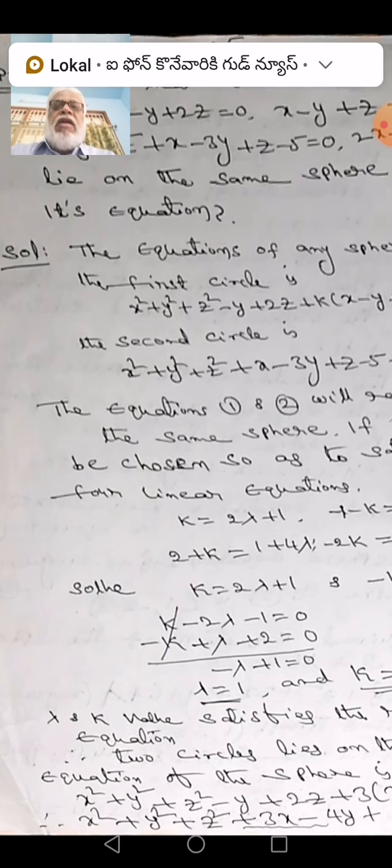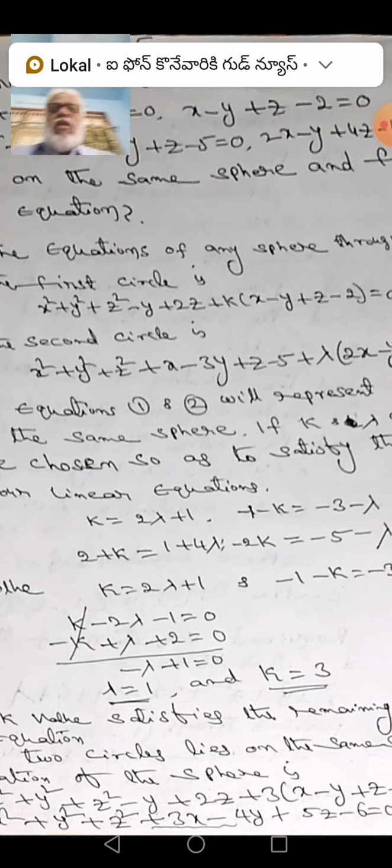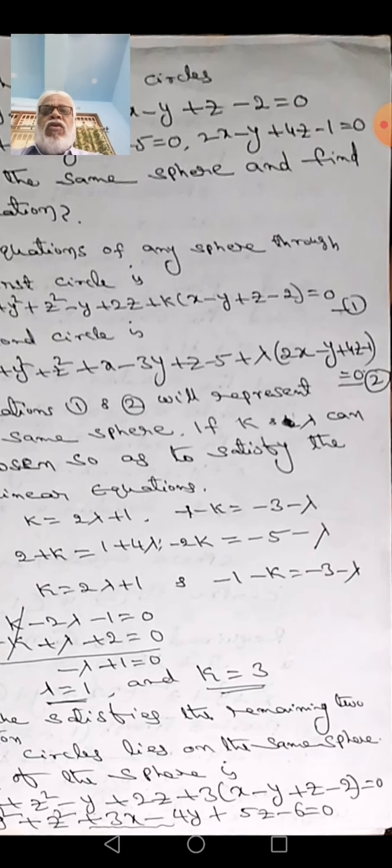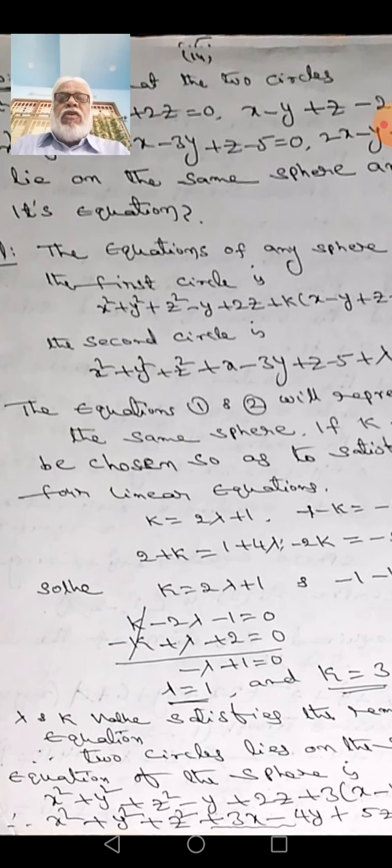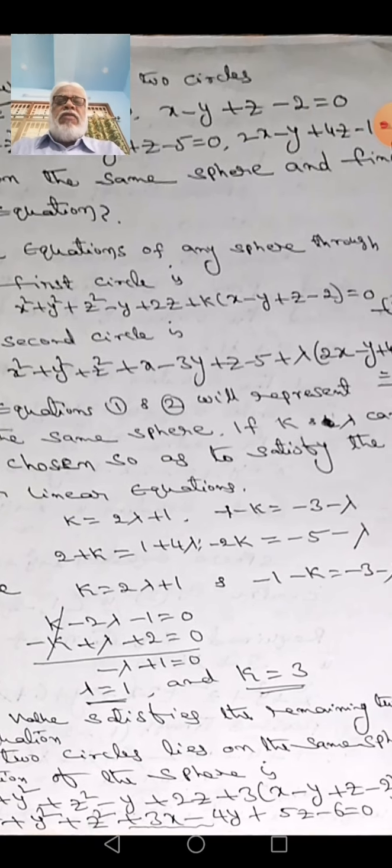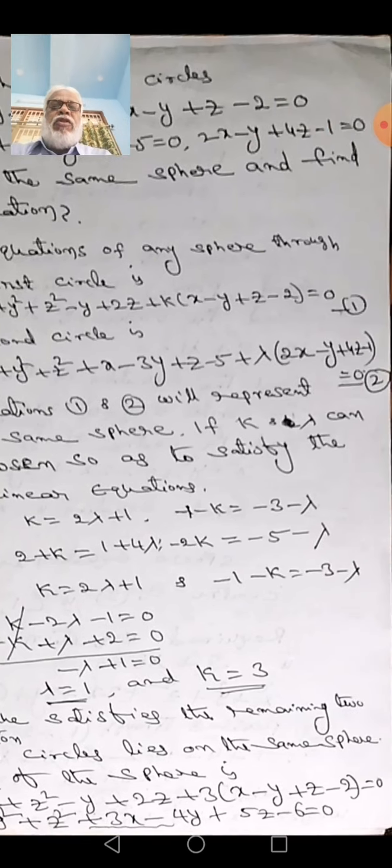How can we prove it? We take the equation of any sphere through the first circle as x square plus y square plus z square minus y plus 2z plus k times (x minus y plus z minus 2) is equal to 0.